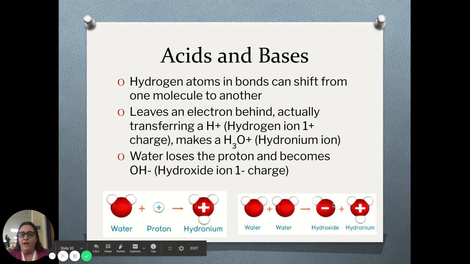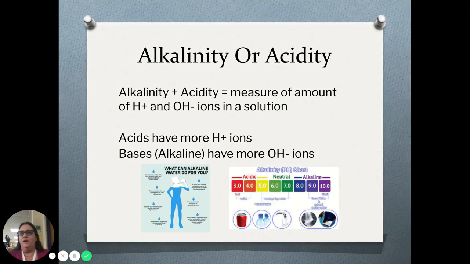Then that other H plops over to this one and becomes a hydronium, an H3O. So we get this one being a little bit negative and this one being a little bit positive. What does that mean for us and why are we looking at this?